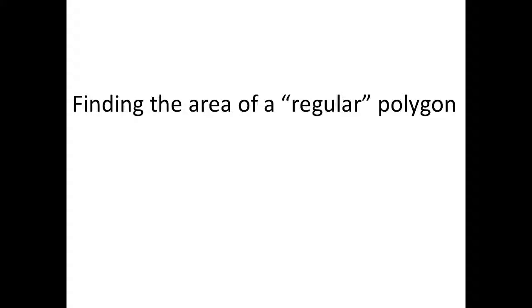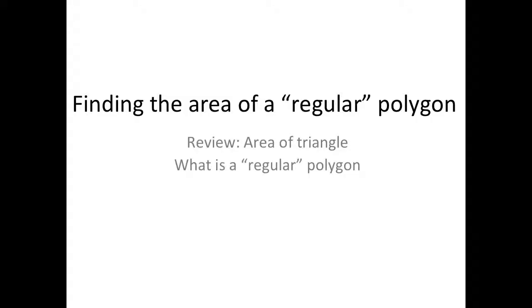Today's lesson is on finding the area of a regular polygon. We're going to start with a review of how to find the area of a triangle. Once we do that, we'll talk about what a regular polygon is, what makes a polygon regular, and we'll notice that regular polygons are all around us in the real world.